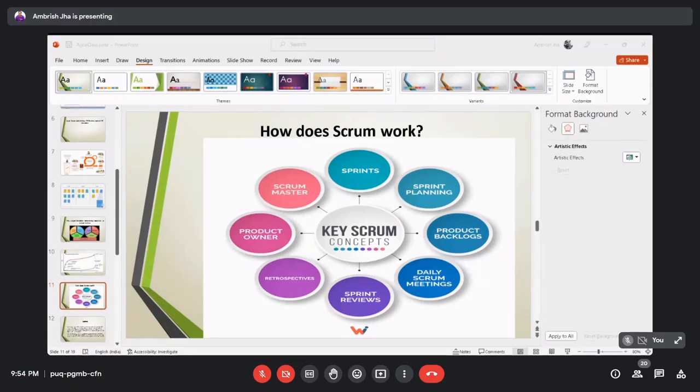Nearly 80% is taken as a good percentage to mark a sprint as successful. Then in our tool, whatever tool we use, and I will talk about Jira later in this session.